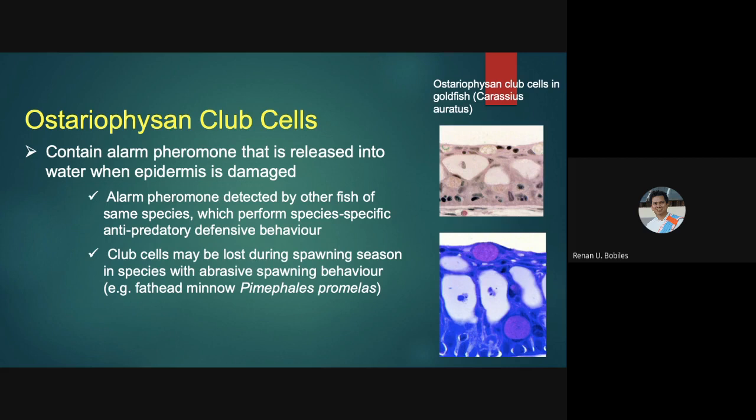And the club cells may be lost during this process of spawning. That's why some species, like this fathead minnow, are vulnerable to predation during spawning season, because they lost their Ostariophysan club cells because of abrasion.